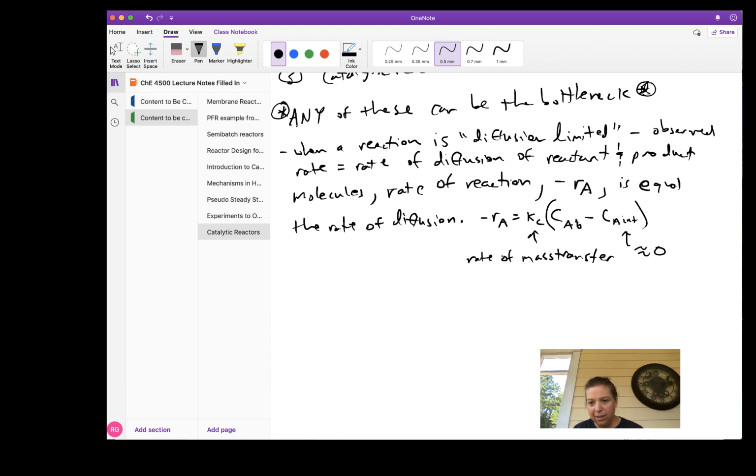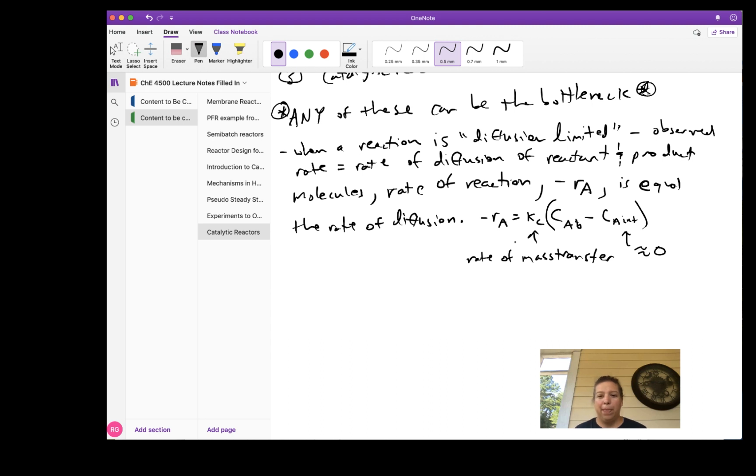So notice that this has nothing to do with a reaction. In this case, we don't need any reaction mechanism. We don't need to know anything about the reaction orders because under these conditions, the reaction is diffusion limited. So all we need to know is how do I write a rate of mass transfer for our species, and that's how we set up our reaction rate for that case.